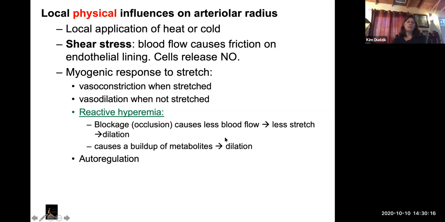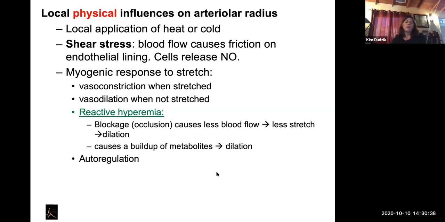In active hyperemia, it was just about the activity of the tissue, either increasing or decreasing metabolites or waste products, right? So that's active hyperemia. You want to make sure that you make that distinction between the two.